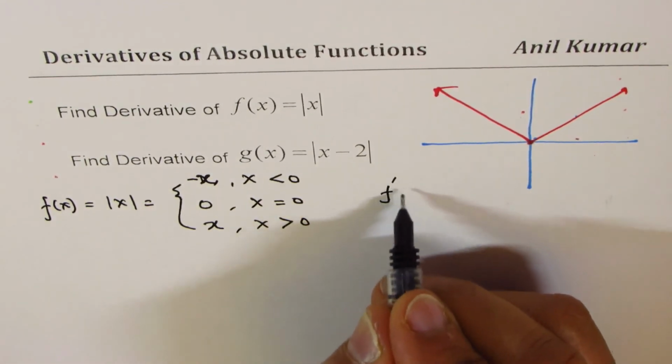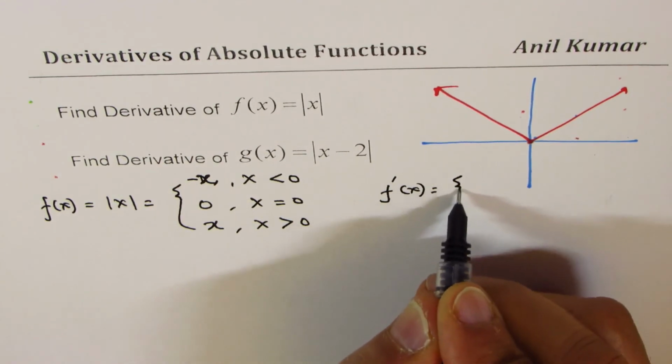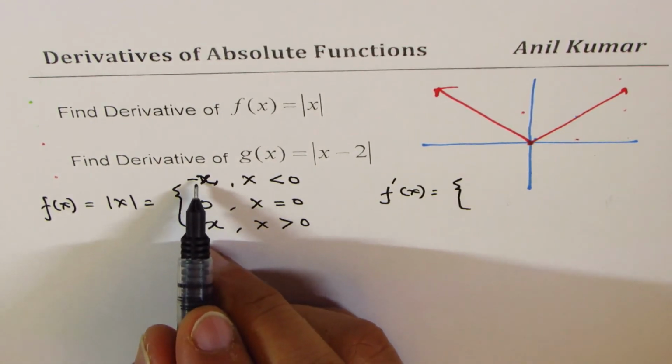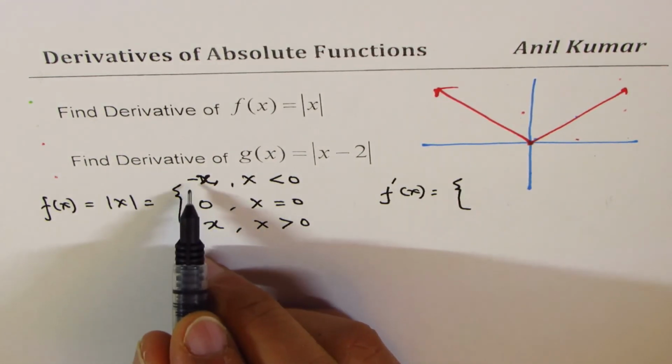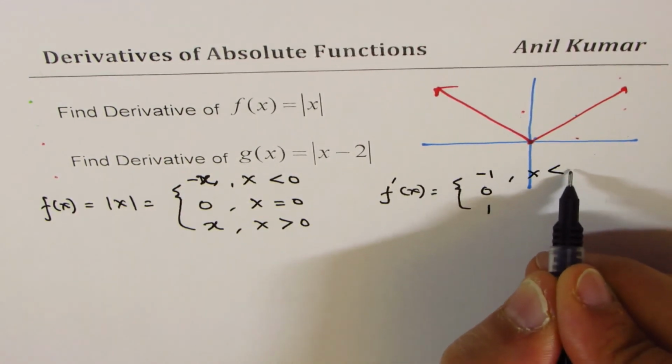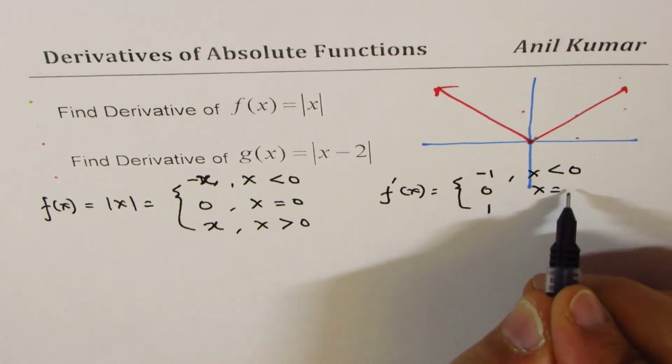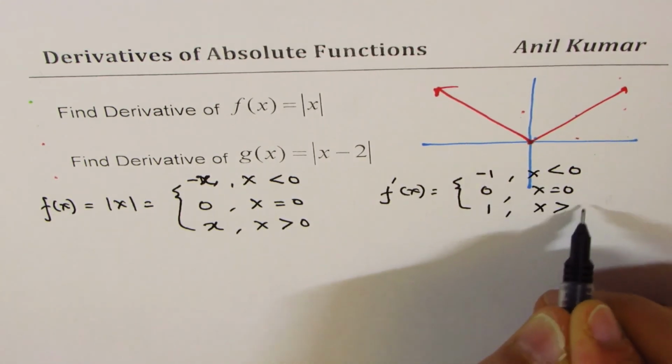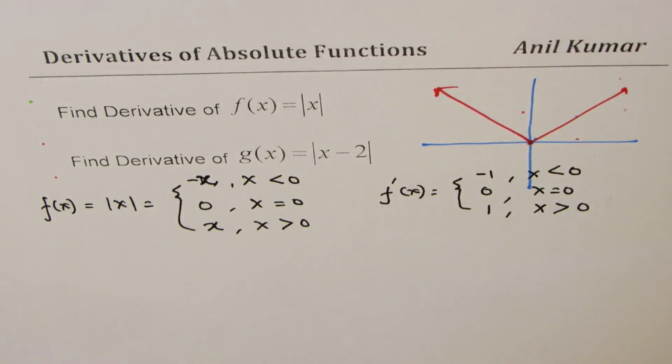In that case, the derivative should be what? Derivative should be derivative of these, right? So minus 1, 0, and 1 if x is less than 0, if x is equal to 0, and if x is greater than 0. Straightforward, correct? It should be like this.